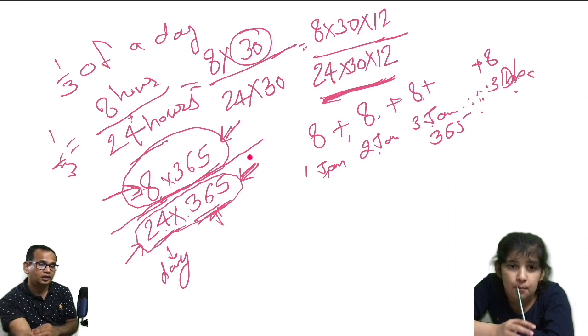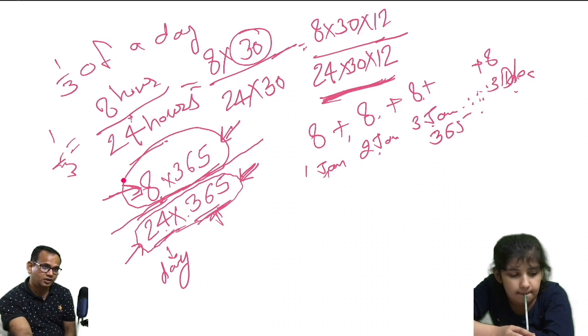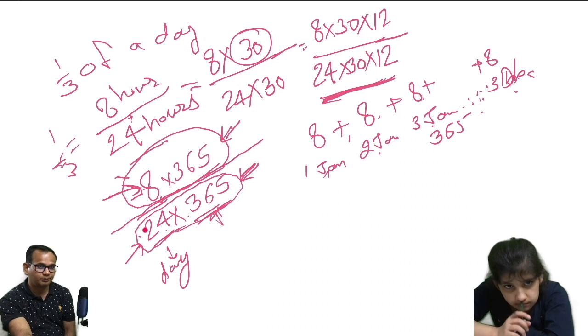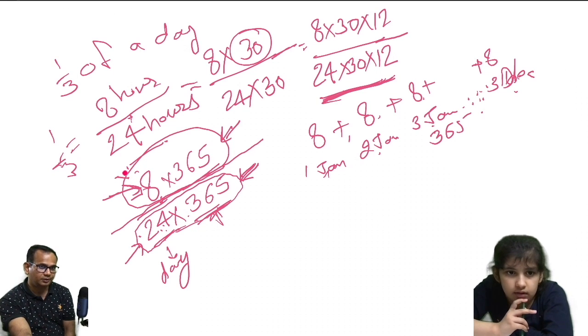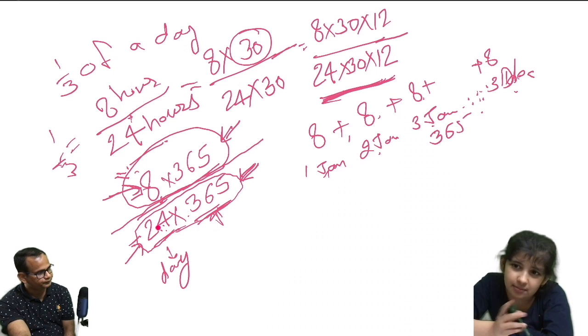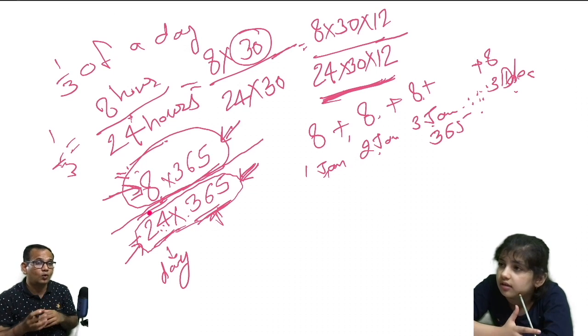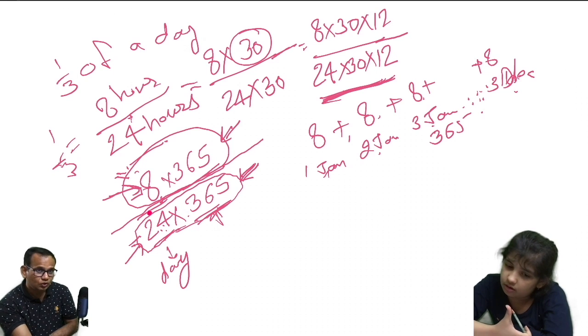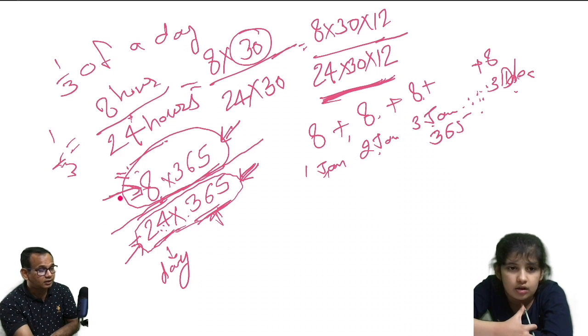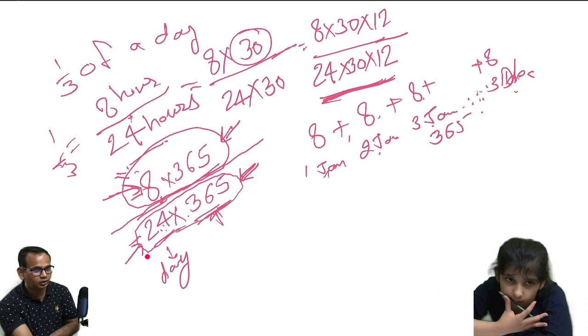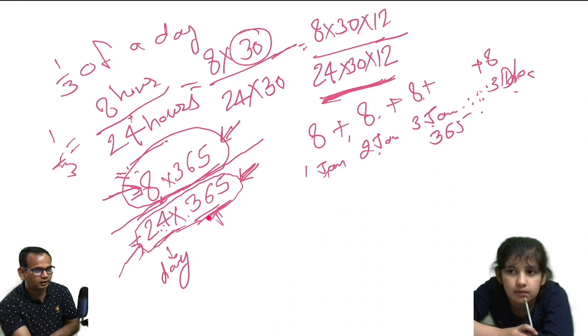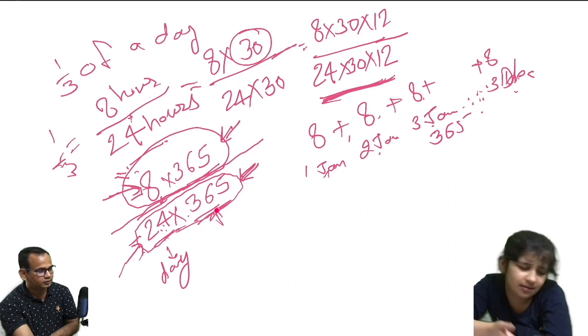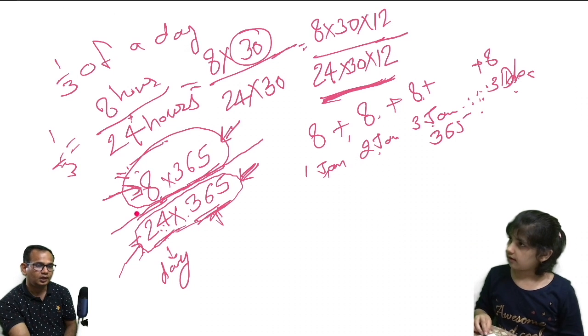If somebody asks what part of a year you sleep, if each day you sleep 8 hours, first on top we have to write how many hours we slept, and then here the total, to get the fraction: 8 multiplied by 365 divided by 24 multiplied by 365.